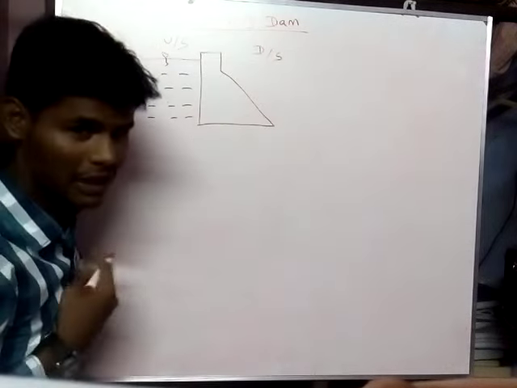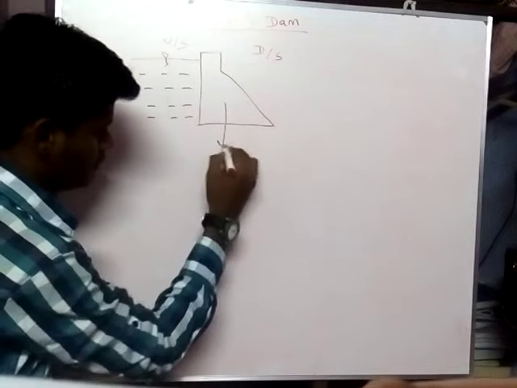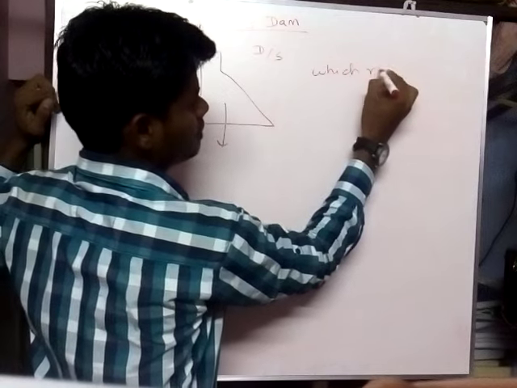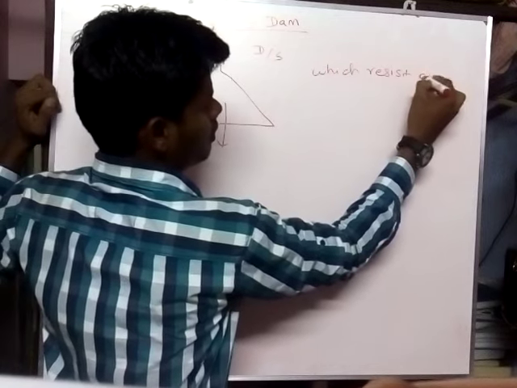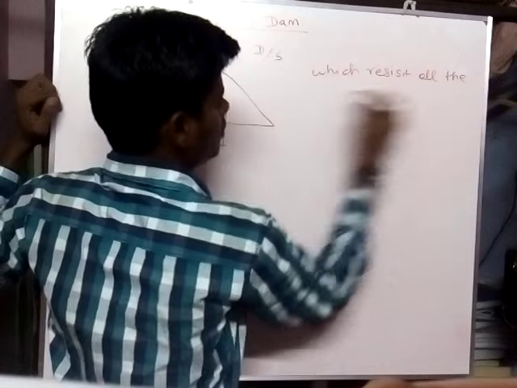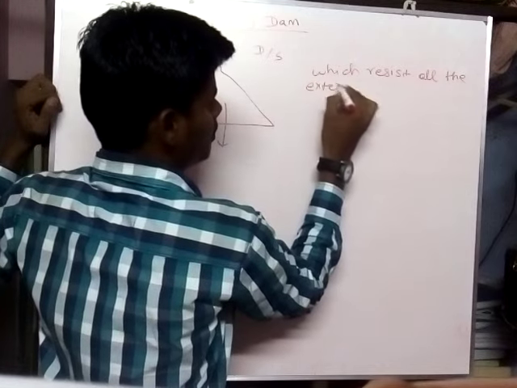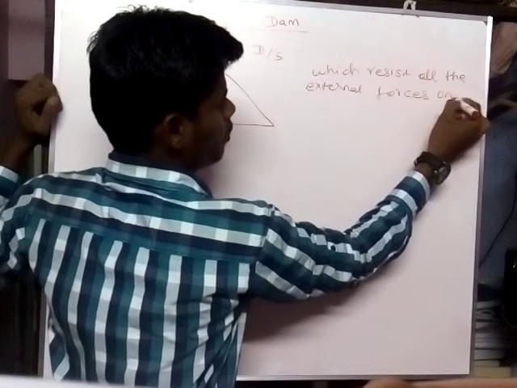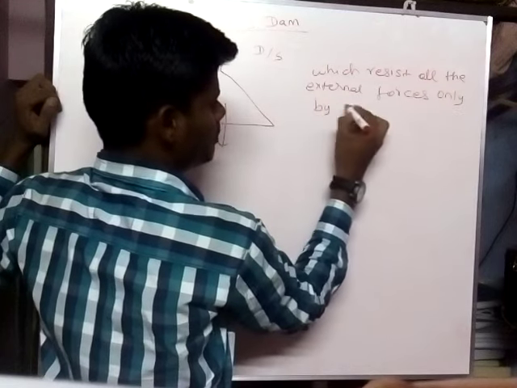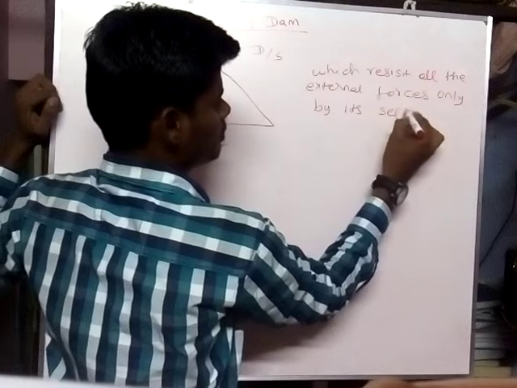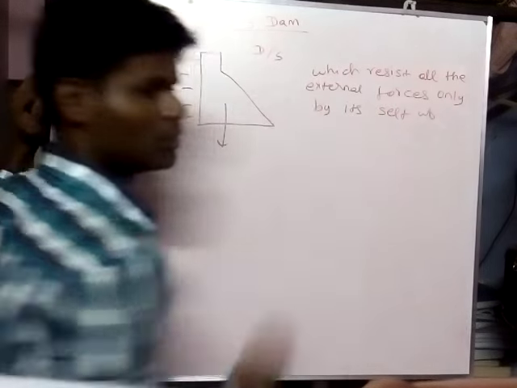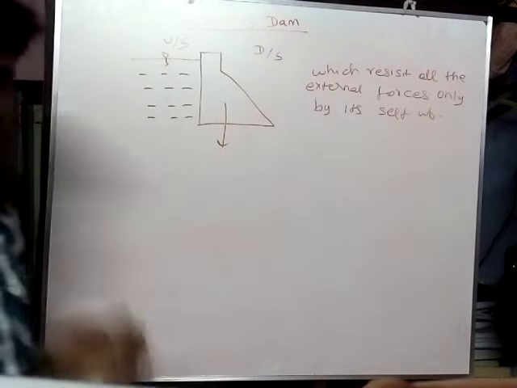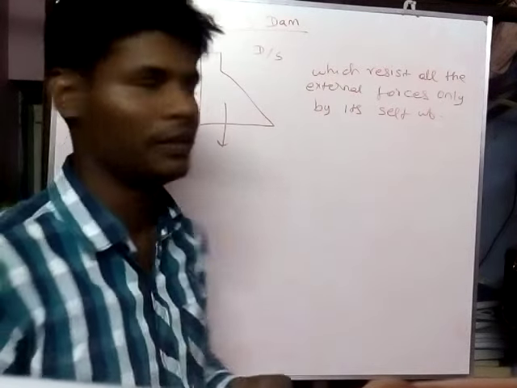So a gravity dam is a dam which resists all the external forces only by its self-weight. This is the definition of a gravity dam. It resists all the forces only by its self-weight.